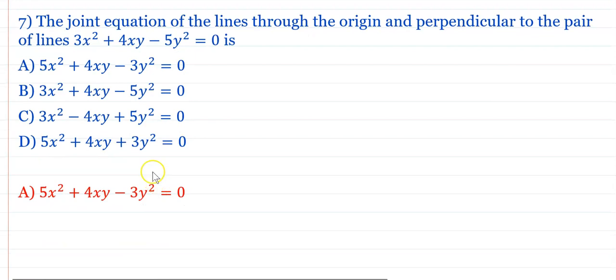Now the next. The joint equation of the lines through the origin and perpendicular to the pair of lines 3x square plus 4xy minus 5y square equal to 0 is what? This is the joint equation of a pair of lines. What will be the joint equation of the lines perpendicular to them? Suppose the slope of the first line is m1 and the slope of the second line is m2.